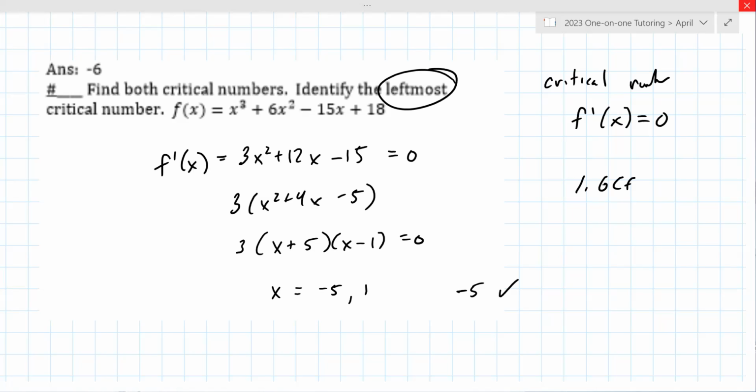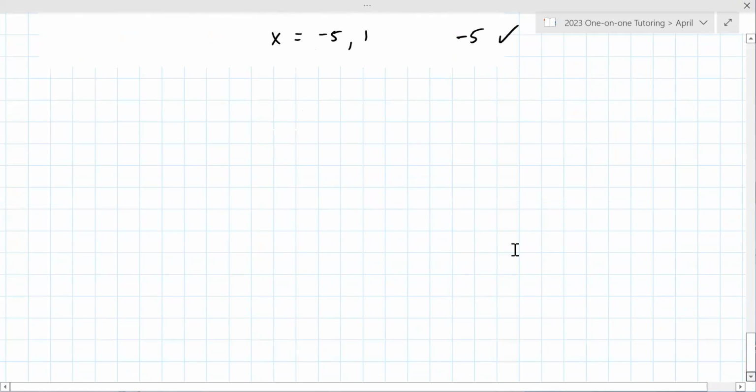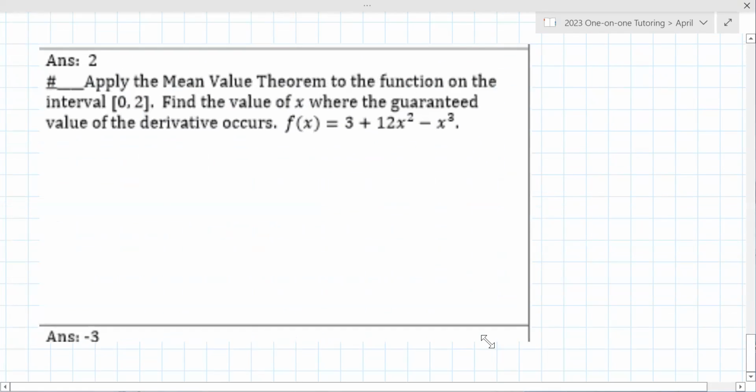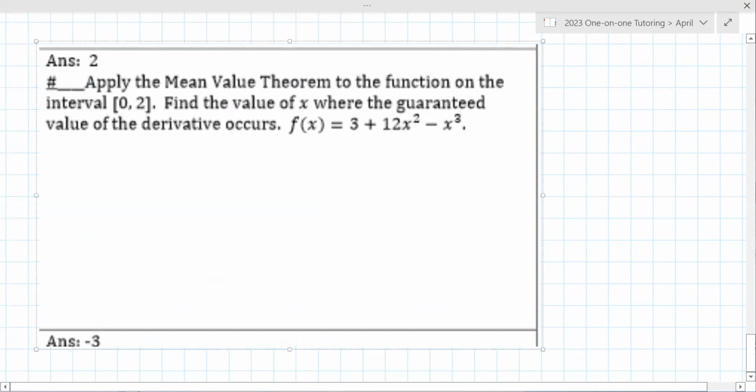Okay, moving on. So the mean value theorem, kind of a pretty neat thing here. The mean value theorem says that between 2 points, and they don't have to be different in height, but they typically are shown this way, there's a secant line.